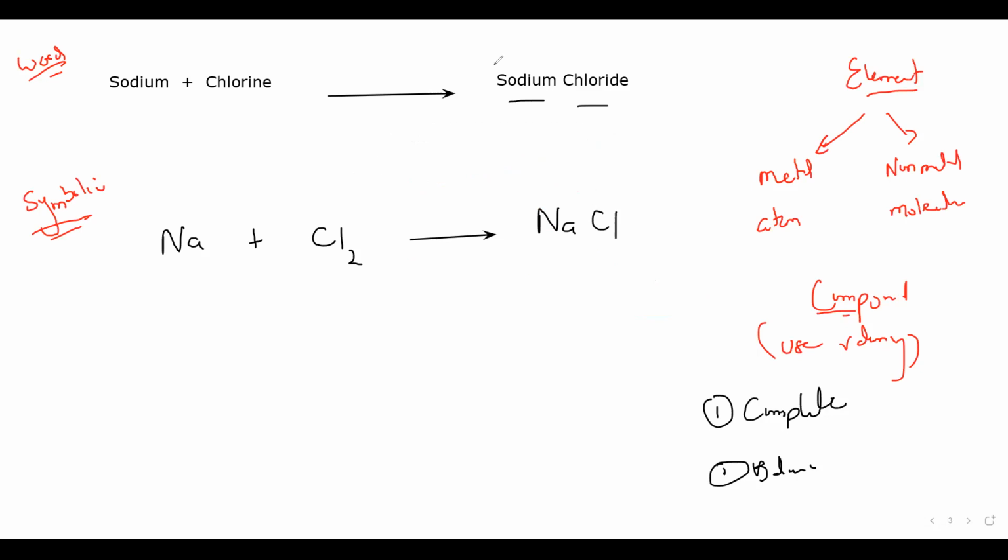Abdullah, how NaCl? Because sodium chloride is a compound. So how to write the formula of the compound? Don't bother about how many chlorine are there. The first step is completing the equation. If an element is a metal, it will be an atom. If an element is a non-metal, it will be a molecule. And if a compound is there, we will use the valency to write the formula.